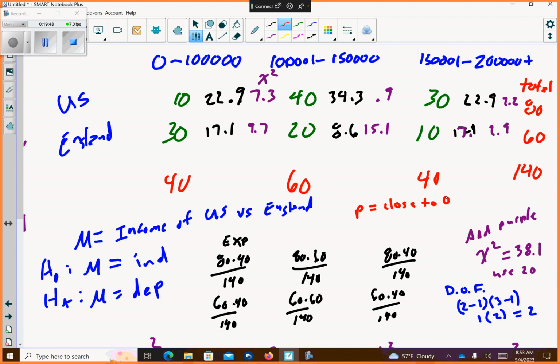If I did not give you a p or an alpha, your default is you want p to be less than 0.05. Is 0 less than 0.05? Yes. So we are going to reject the null.